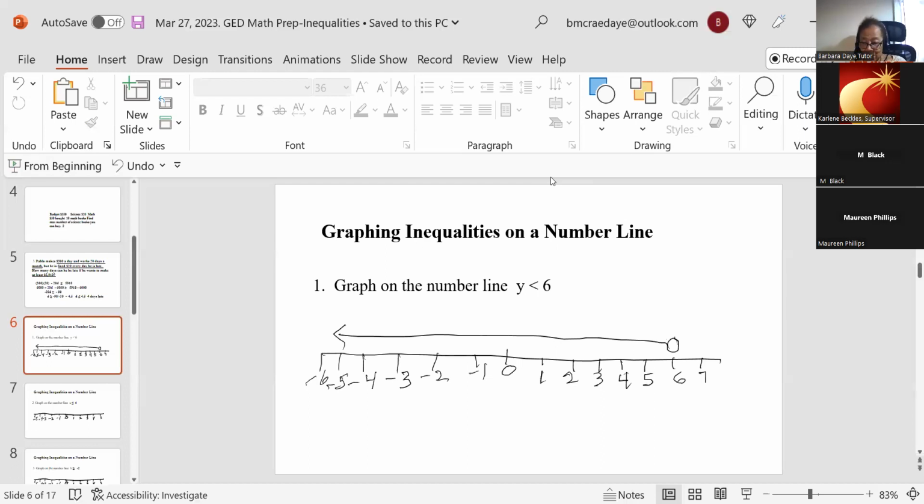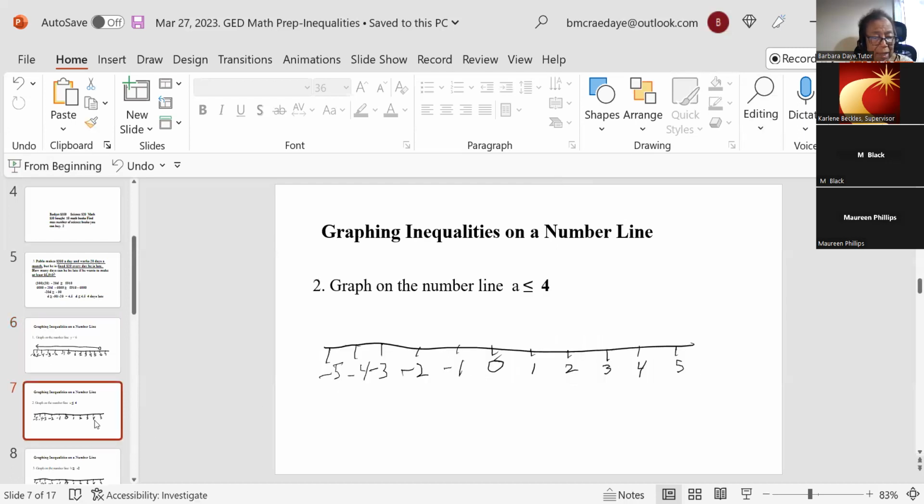Thank you. Okay. Now let's look at another one here. Now here is a less than or equal to 4. Mercedes, tell me what to write on this number line.